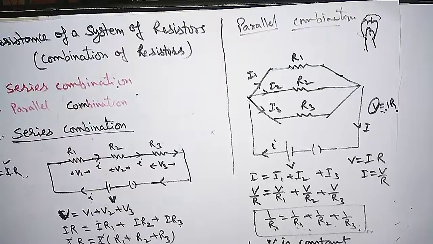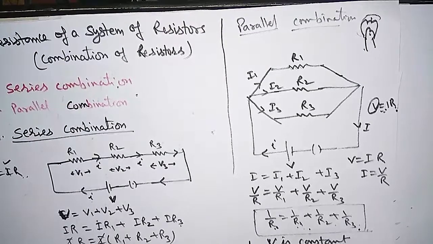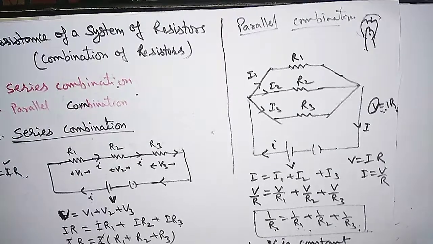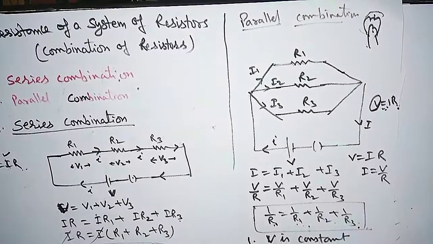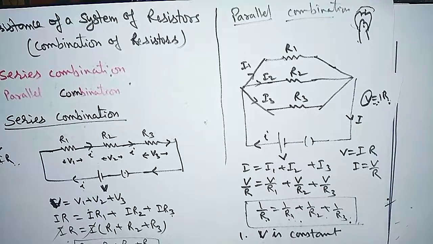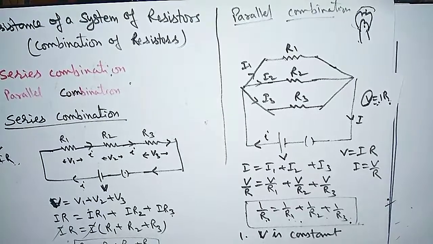And the third is that the resultant is always less than the least value.